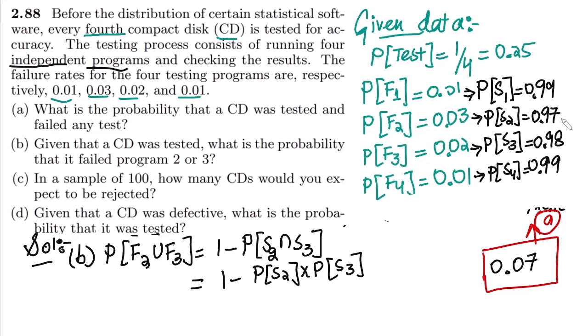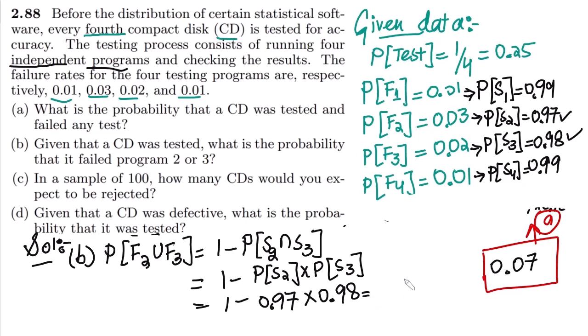So these two are also given here, and these would be 1 minus 0.97 multiplied by the probability of S3, that is 0.98. Okay, so now multiplying them together and then subtracting it from 1, what would I get?